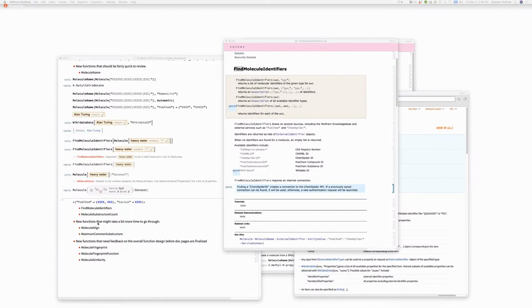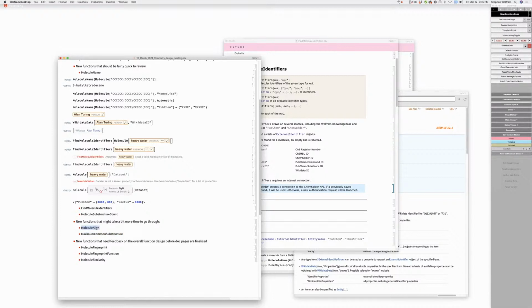Is there anything, just one last thing for a minute, is there anything cool to see here, just for fun? Let's see. Maximum common substructure has gotten a bit of a revamp. No, I understand, I'm just asking if there's some interesting thing to just see. There's a cool thing, molecule align.